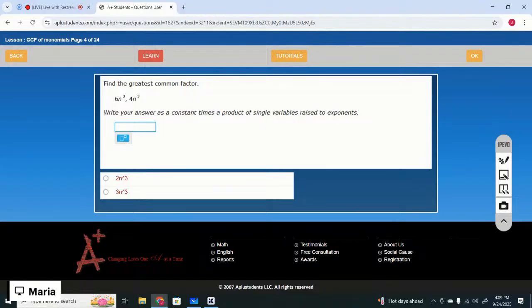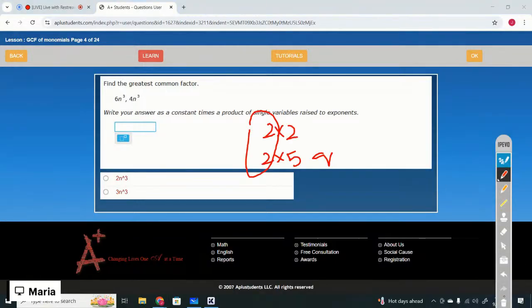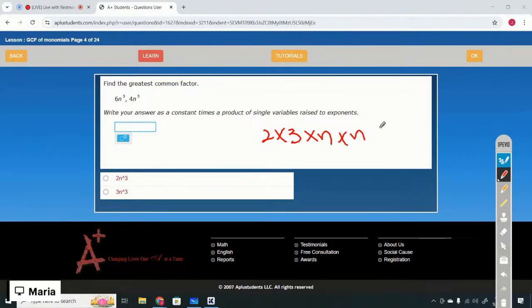Find the greatest common factor. 6n cube is 2 times 3 times n times n times n, and the other is 2 times 2 times n times n times n.